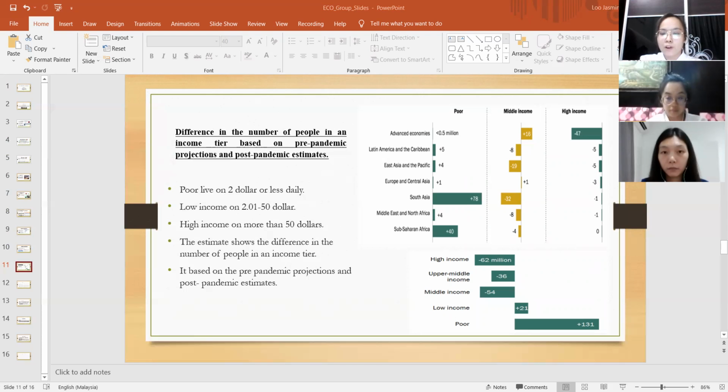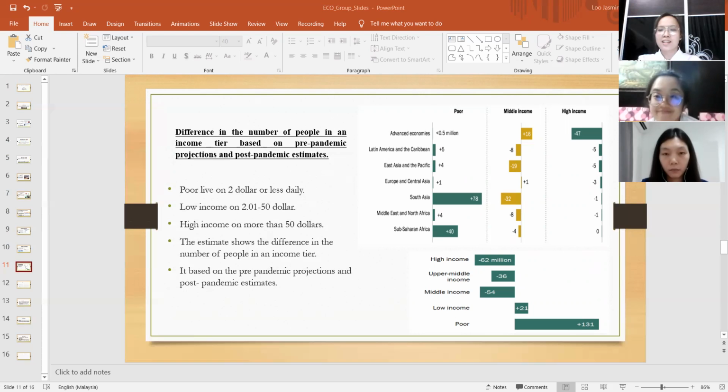The poor live on $2 or less daily, low income on $2 to $10, middle income on $10 to $20, upper middle income on $20 to $50, and high income on more than $50. Figures are expressed in 2011 purchasing power parities.